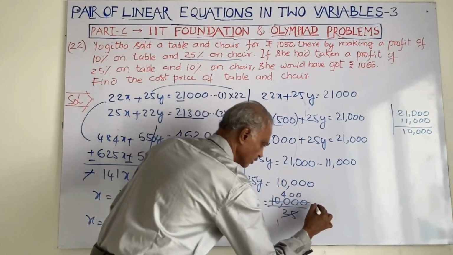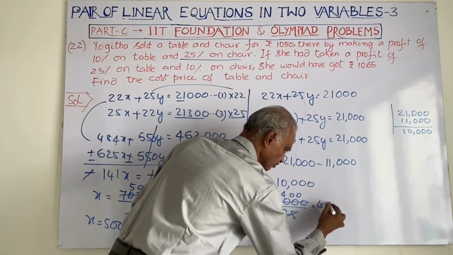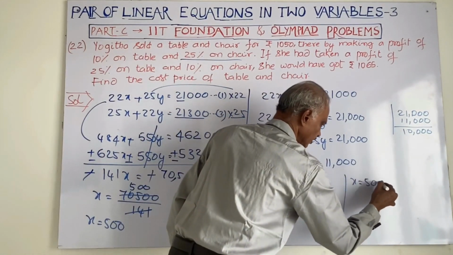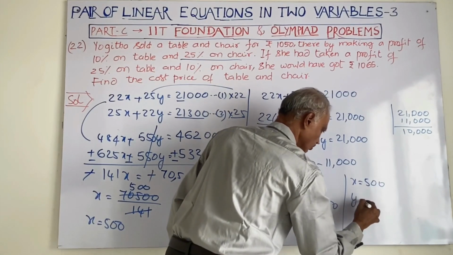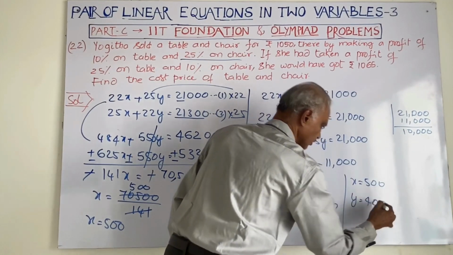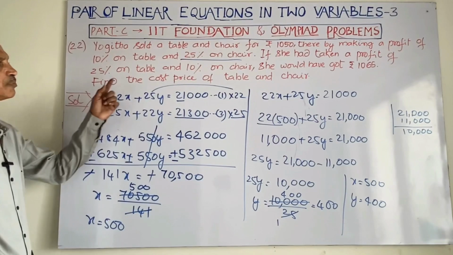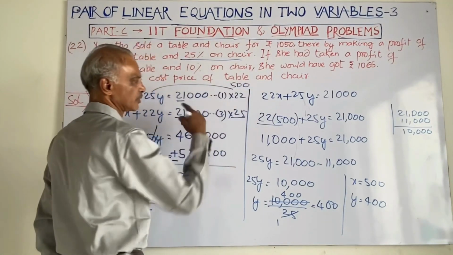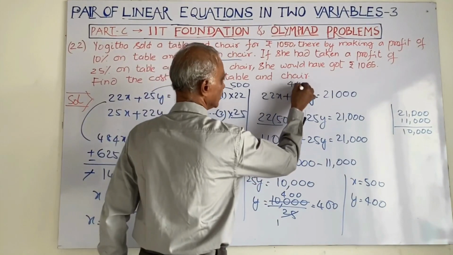You will get y is equal to 400. As x you got 500 and y you got 400. See, cost price of table is 500 and cost price of chair is 400.